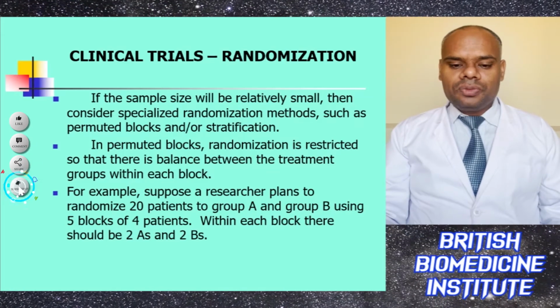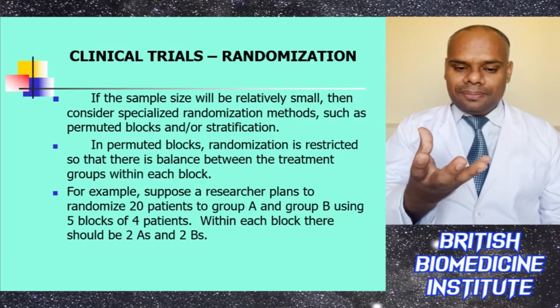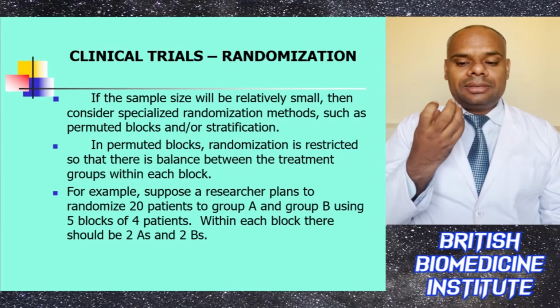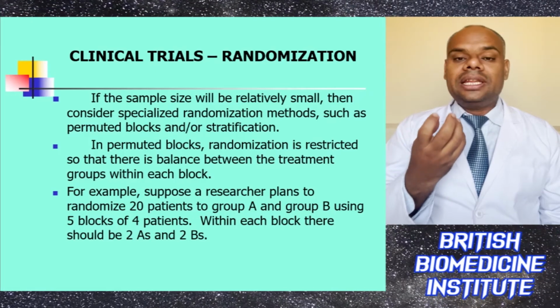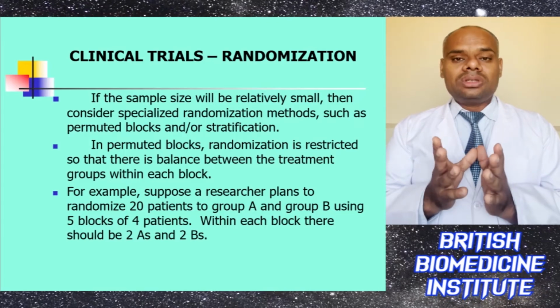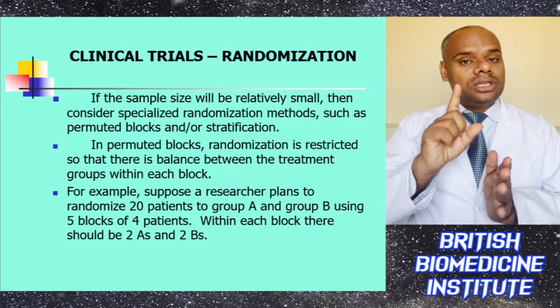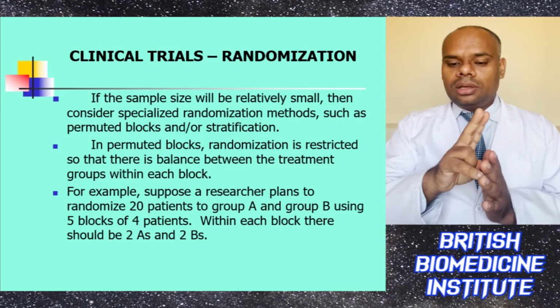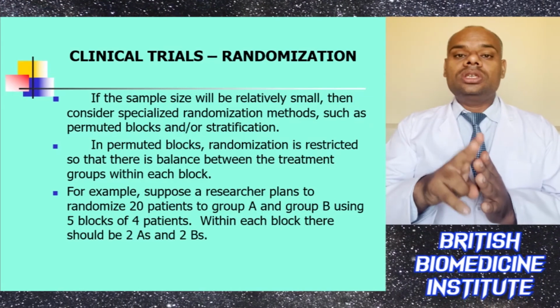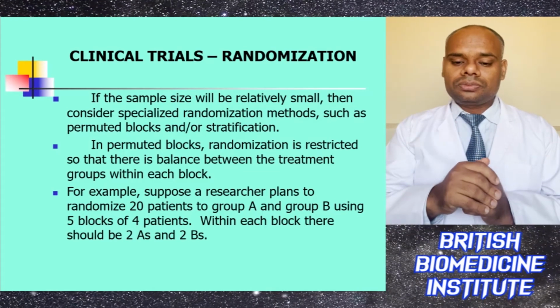can be used. In permuted blocks, randomization is restricted so that there is a balance between treatment groups within each block. For example, suppose a researcher or scientist plans to randomize 20 patients into group A or group B, using 5 blocks of 4 patients.